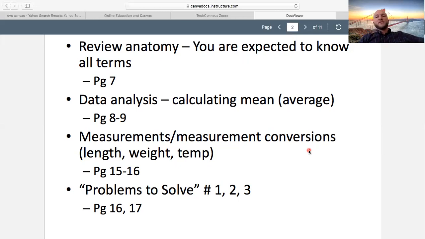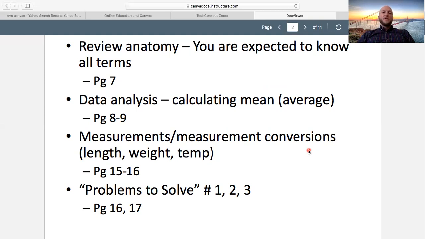You need to be comfortable moving within the metric system. And then on the section problems to solve, you need to be comfortable solving problems 1, 2, and 3 on page 16 and 17. And we're going to go over those in this lecture right now.